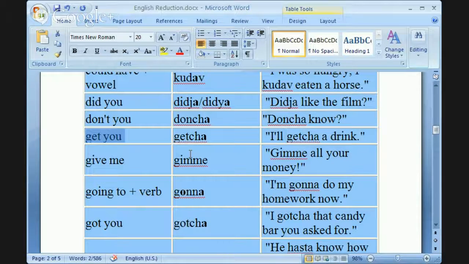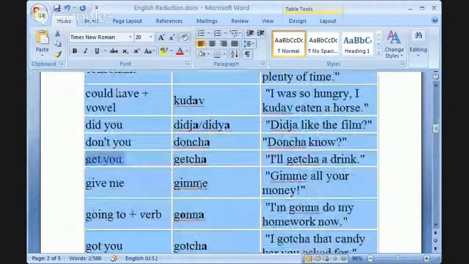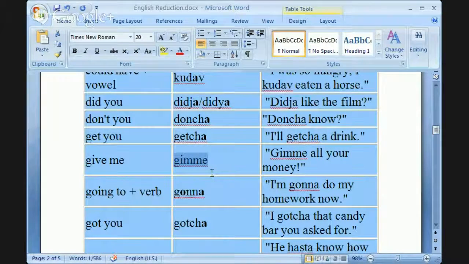By the way, of course you don't normally see it written like getcha, like this appears here on this sheet, or gimme. Yeah, Gimme Shelter. It's actually written like this, gimme, on the album. Obviously, it's not correct, and you should never do it in writing. You should write "give me" clearly.